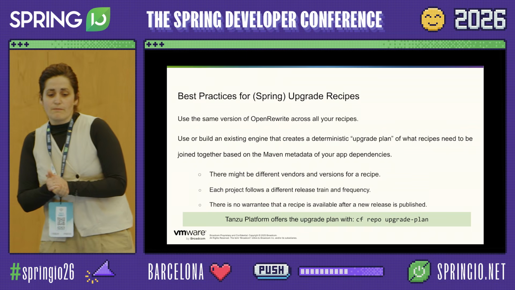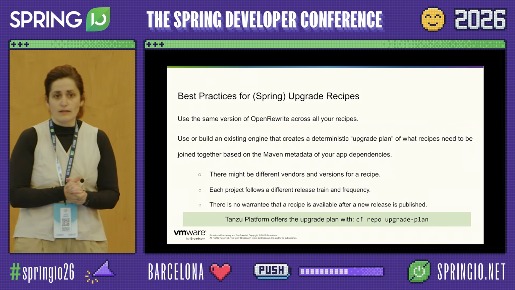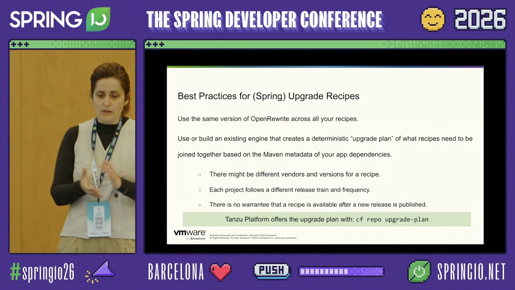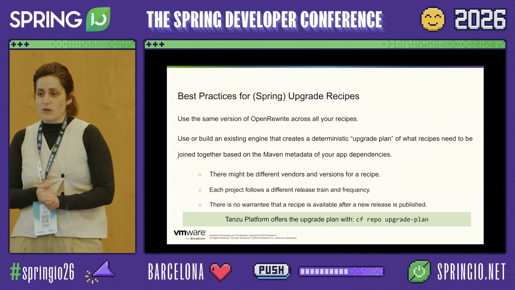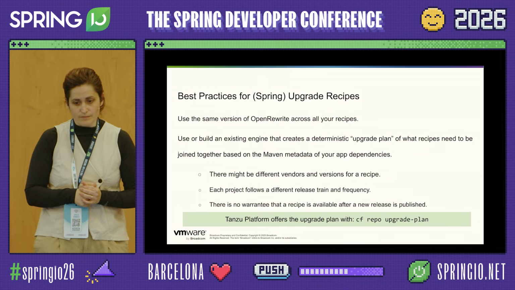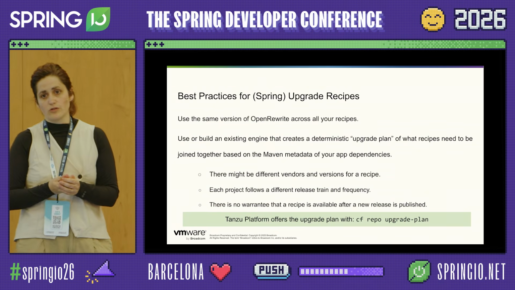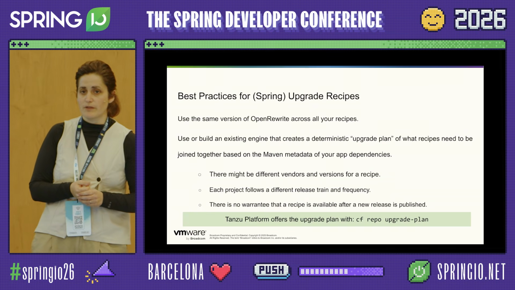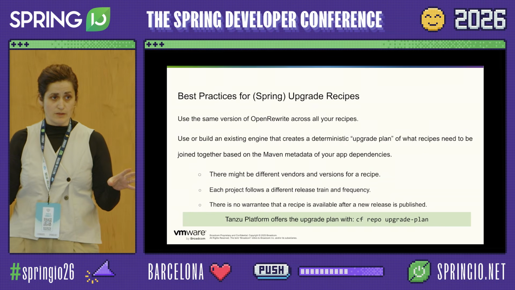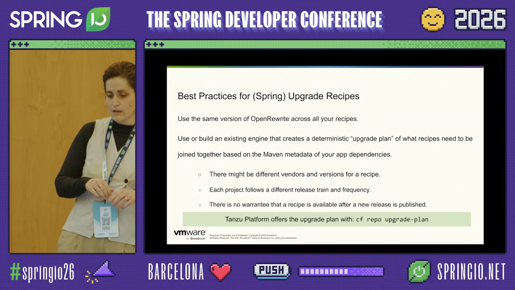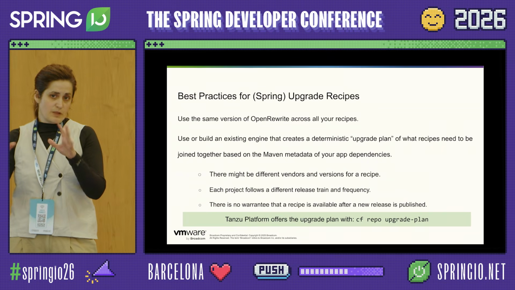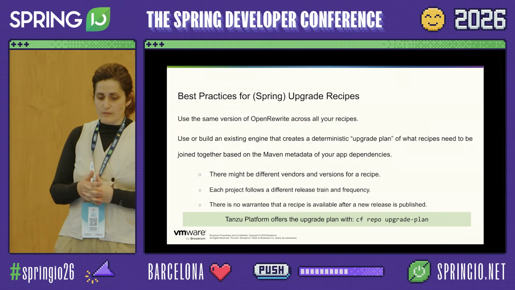What are the best practices that we at Broadcom, Tanzu Broadcom, recommend for Spring upgrades? First of all, you should use the same OpenRewrite version across all your recipes, no matter if they are for Spring Boot or internal projects.